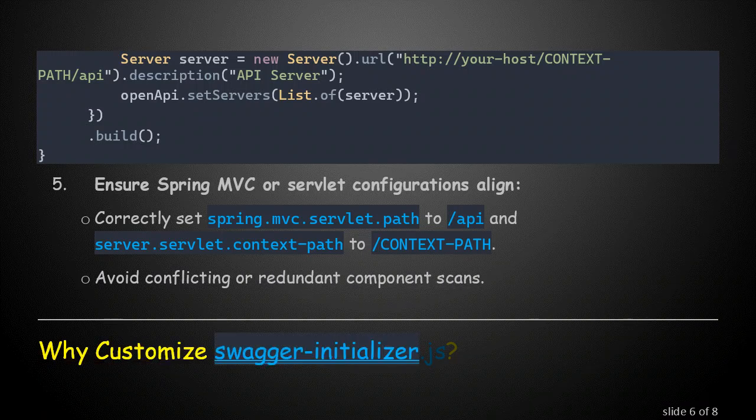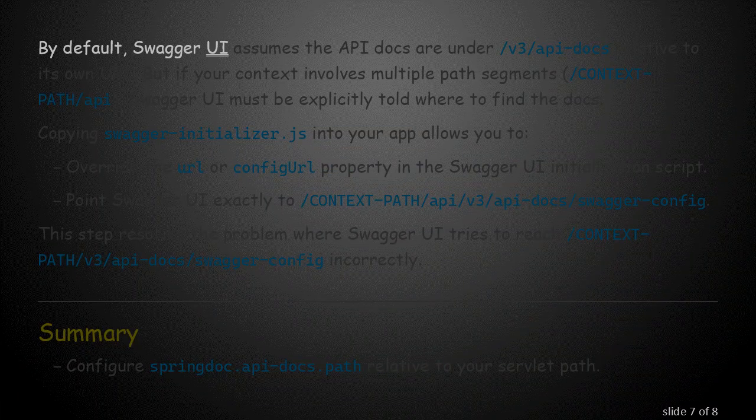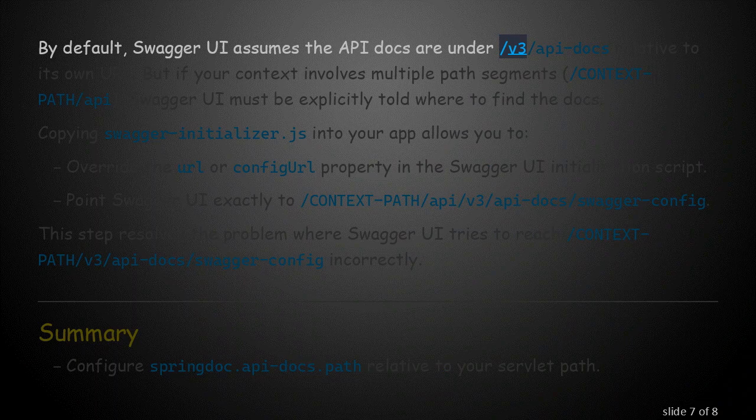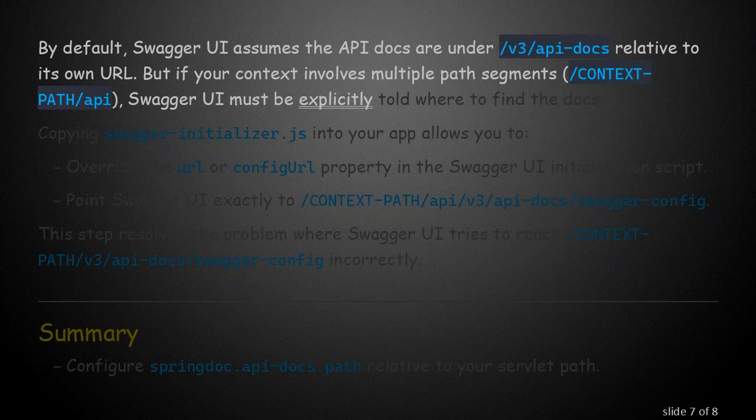Why customize swagger-initializer.js? By default, Swagger-UI assumes the API docs are under /v3/api-docs relative to its own URL. But if your context involves multiple path segments, /context-path/api, Swagger-UI must be explicitly told where to find the docs.